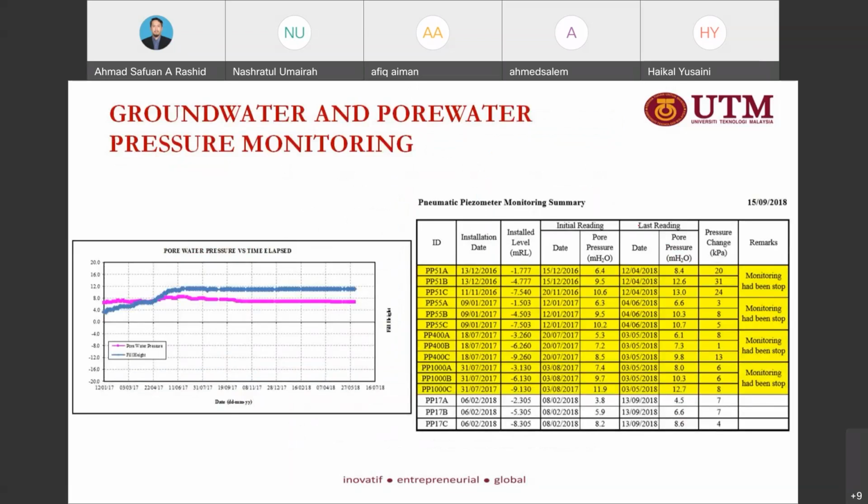Next, groundwater and pore water pressure monitoring. This is an example of the pore water pressure development during the filling process. If we control it carefully, there will be no significant pore water pressure development.